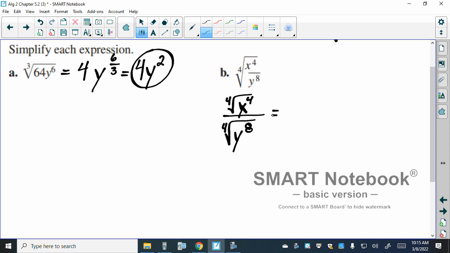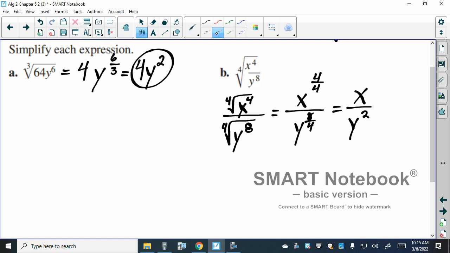As fractional exponents, the numerator would be x to the 4 over 4. The denominator would be y to the 8 over 4. Well, exactly, 4/4 is just 1, so we could have just written x. Y to the 8/4 is just saying that we have y squared.